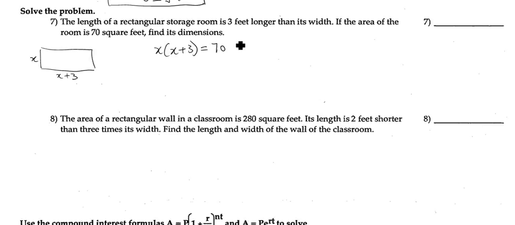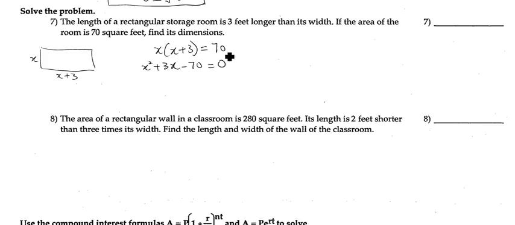So how can I get the x myself? Well, we can bring the x into that, and then minus 70 on both sides. And the best way to solve this is by factoring.